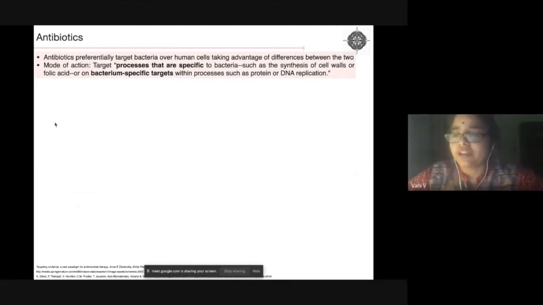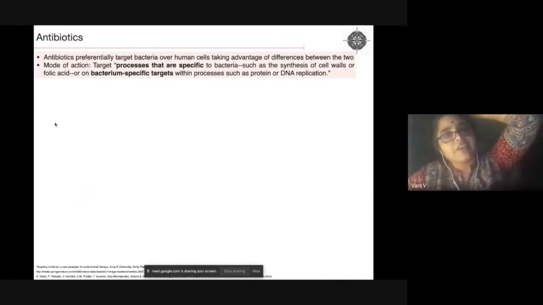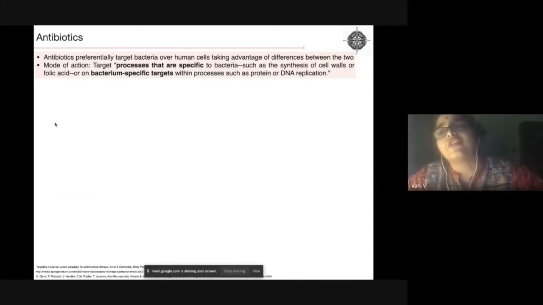As I said before, there are some fundamental differences between a bacterial cell and a host cell, and these antibiotics preferentially try to target the bacteria by exploiting the differences between the two. Not only that, what they eventually end up doing is that they target very specific processes, for example the synthesis of a cell wall, or a protein, or DNA replication. These are very, very specific processes that these antibiotics actually target.